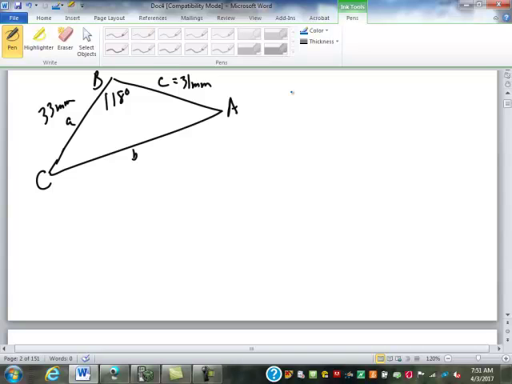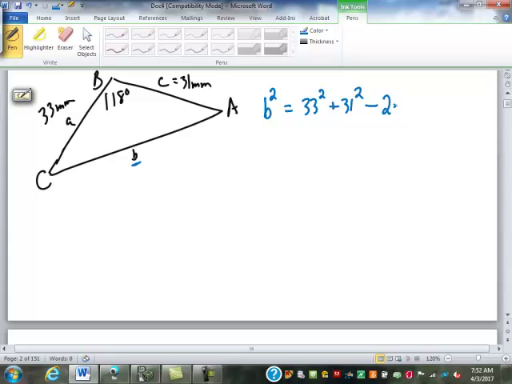Because the formula was C squared equals. Well, here now we're going to use, instead of C, B. So here it's going to be B squared equals the 33 squared plus the 31 squared. So the two sides that we're given.